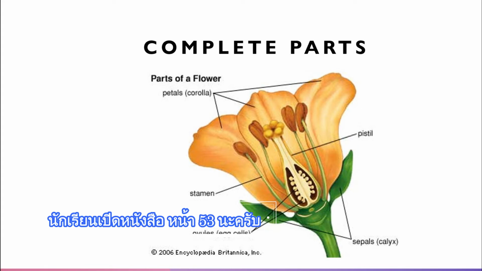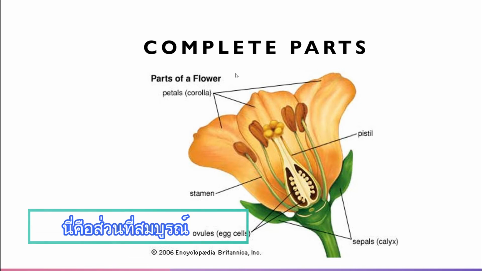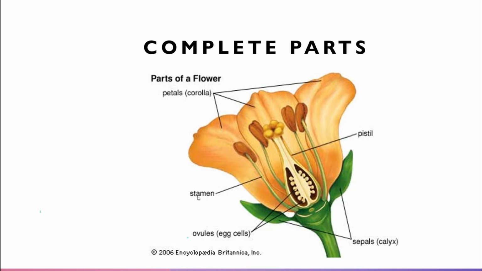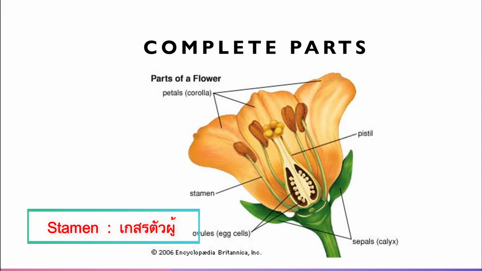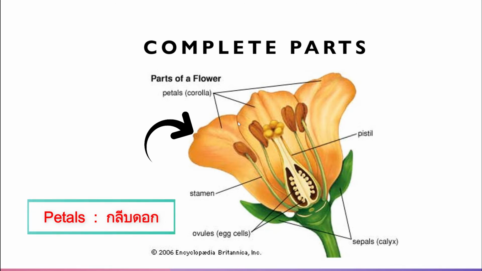Okay, so this is called complete parts, if the flower has pistils, stamen, sepals, and petals.